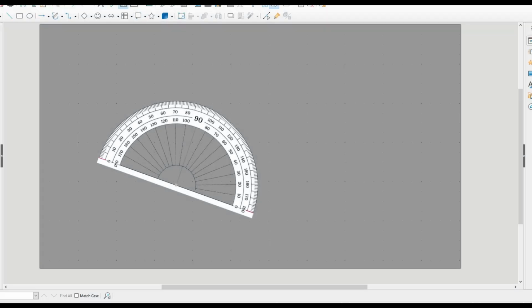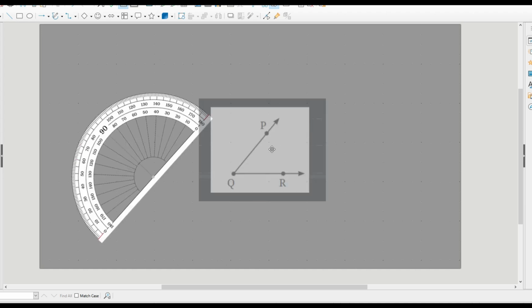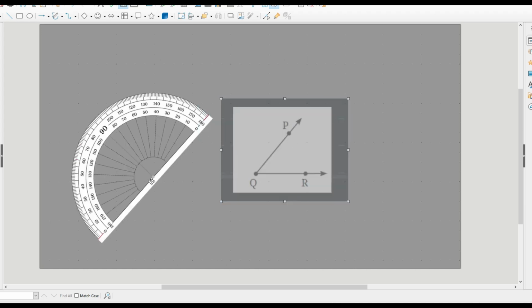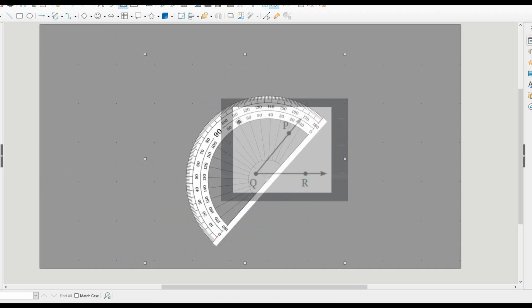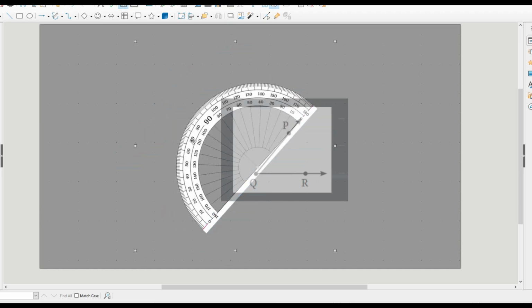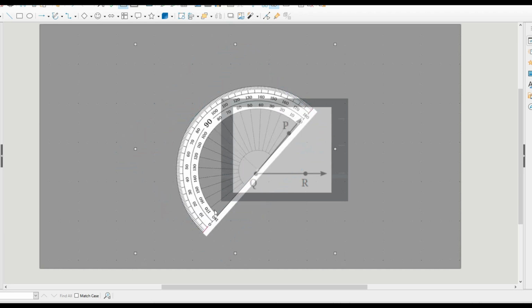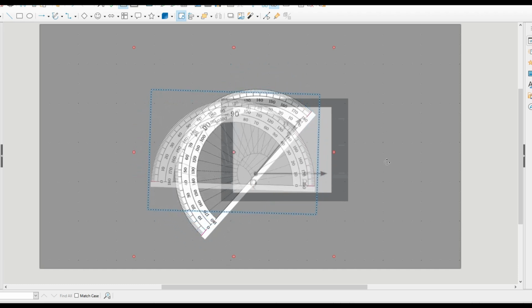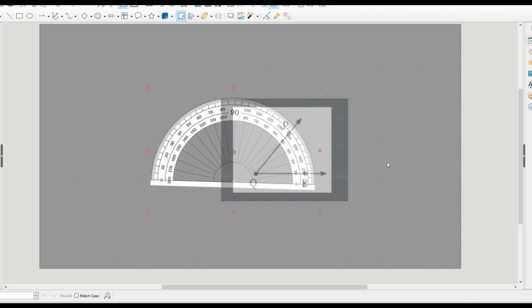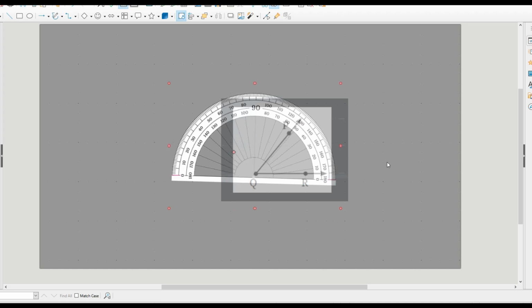So that's our protractor, and we have an angle. First thing, we need to align our vertex in the center in this manner. Okay, so we have the vertex and the center aligned. Now, technically, we should be aligning the 0 with one of the arms.